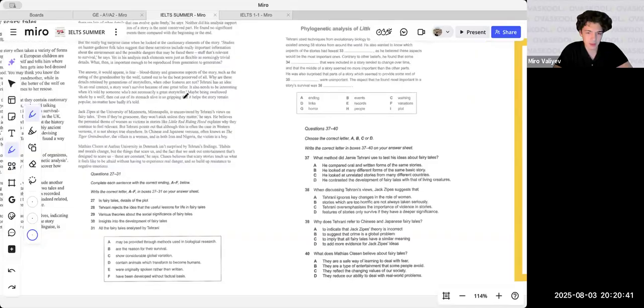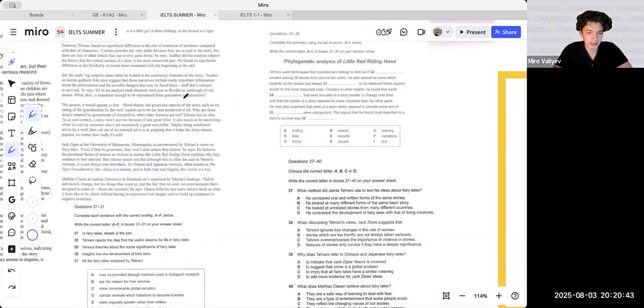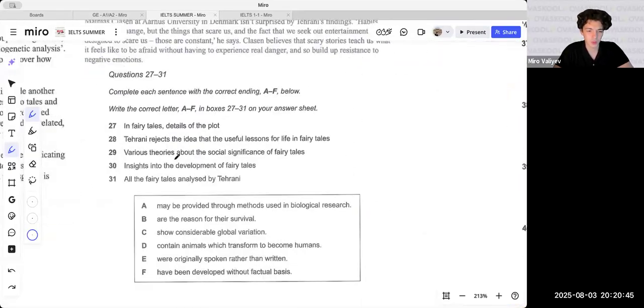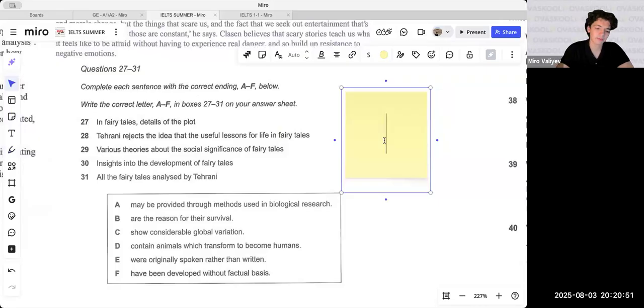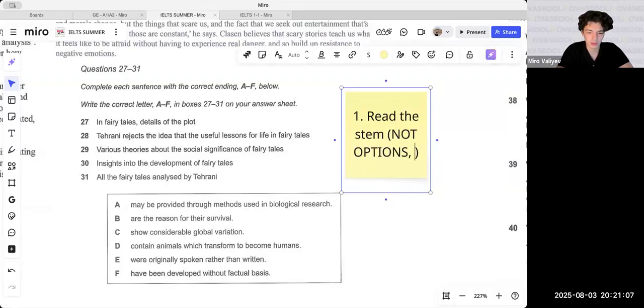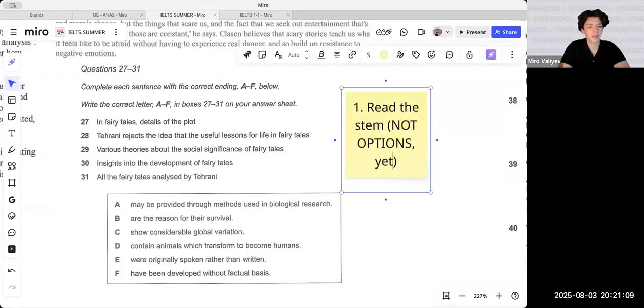All right. So I'll probably start with this one because we haven't discussed the strategies for this yet. So let's see the strategies. The first thing that you should do is read the stem. So read this incomplete sentence, not the options yet.